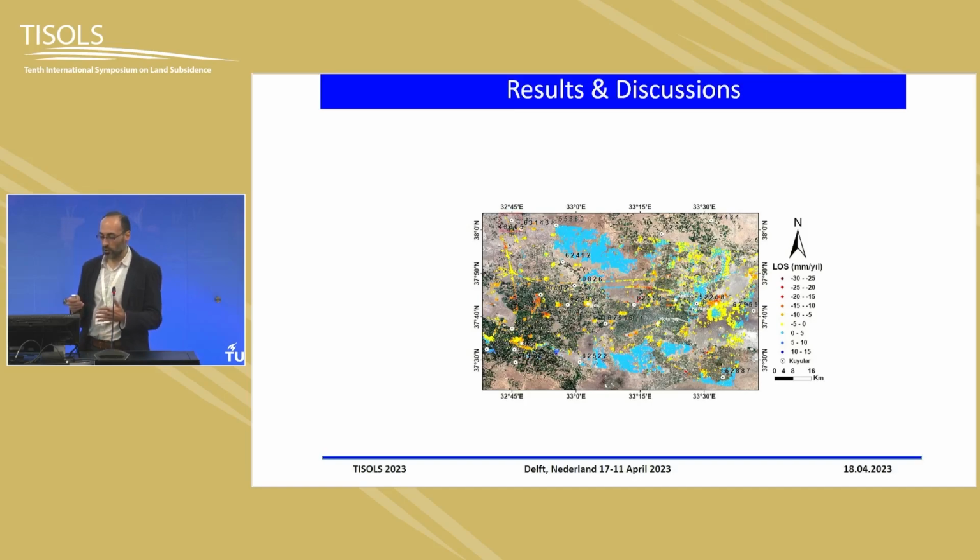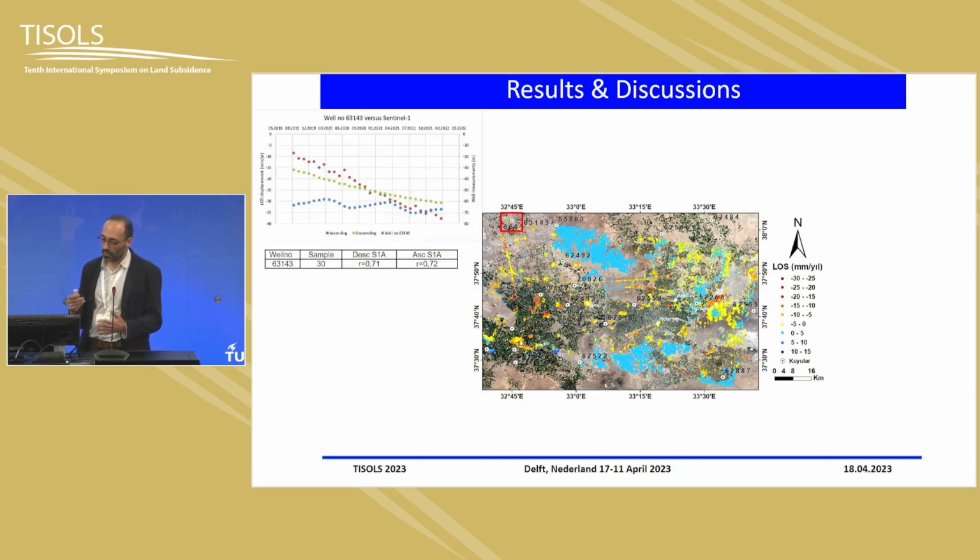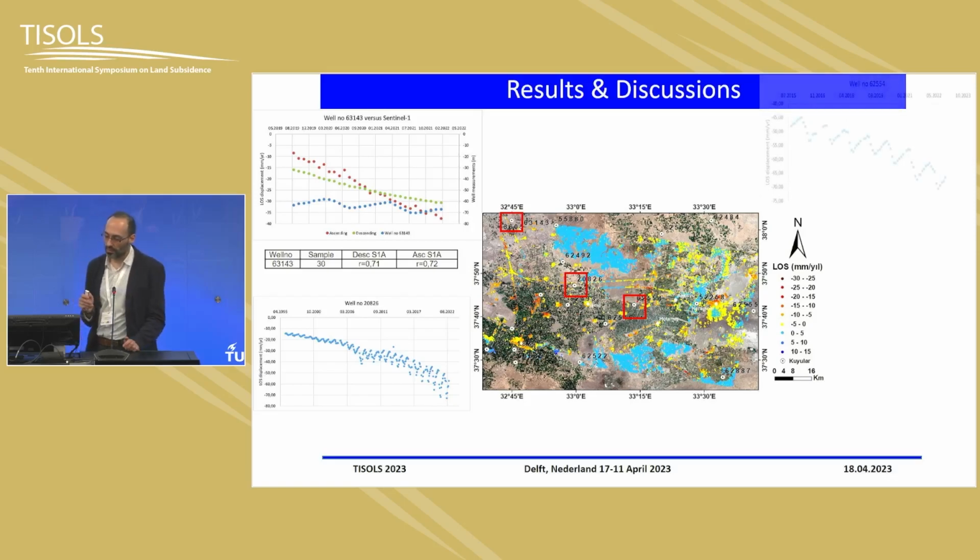And there are also some real measurements here. We wanted to check, is there any correlation among them? There are some wells distributed here. One of them just overlaps with the displacement maps, and the correlation is about 0.7 for both ascending and descending.